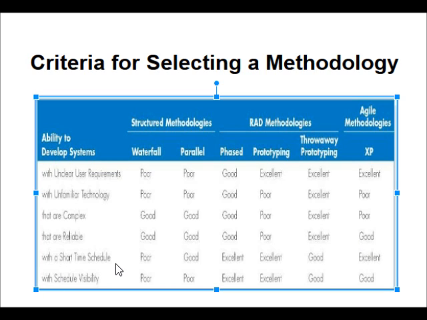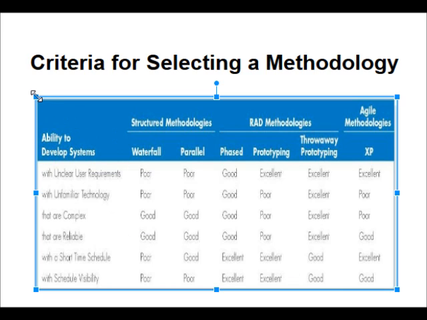With a short time schedule, when there is a time constraint, agile is always excellent, prototyping and phased are also excellent, and throwaway prototyping is good. And with schedule visibility, phased and prototyping are excellent, and agile and throwaway prototyping are good.